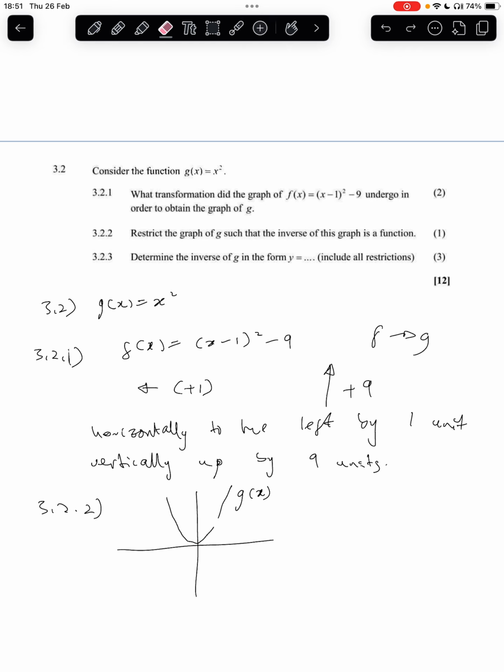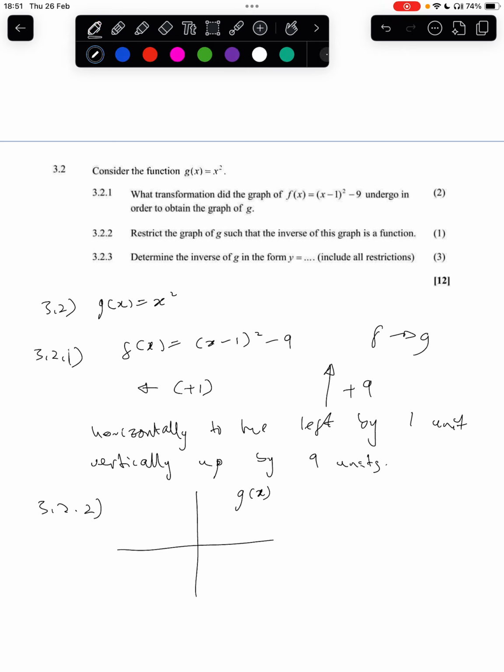Let me redraw this. We have our mirror line somewhere here. No need to draw it perfectly clearly. So this will look like this, and then this one would look like this.